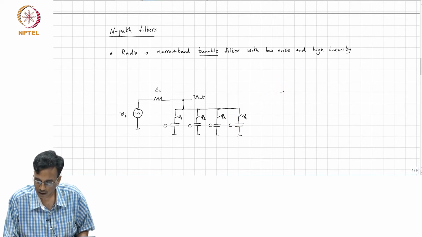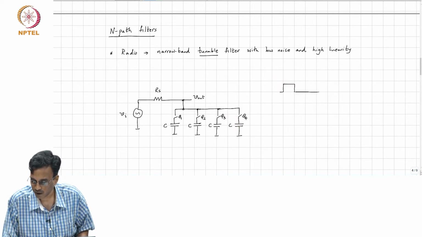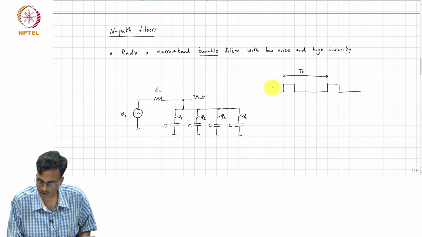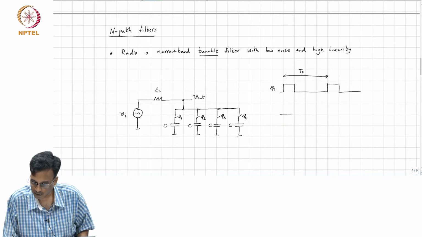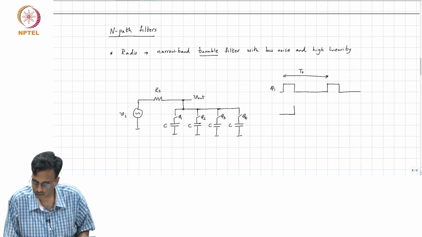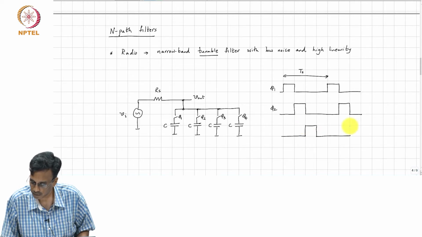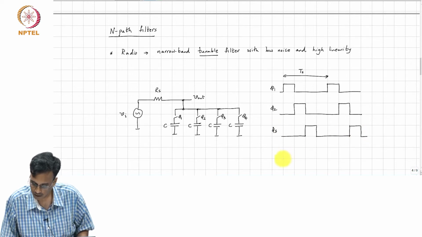It turns out that, so let us call this phi 1, this is T s, this is phi 1, this is phi 2, this is phi 3, this is phi 4.